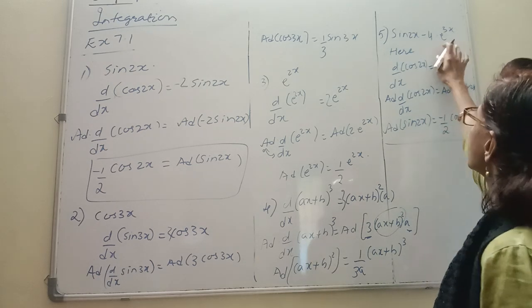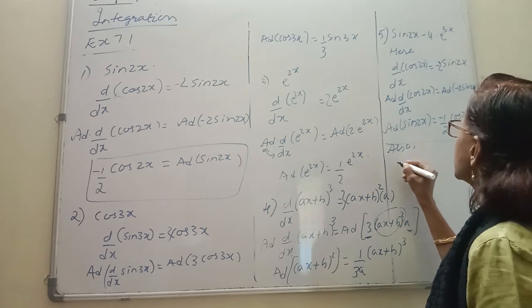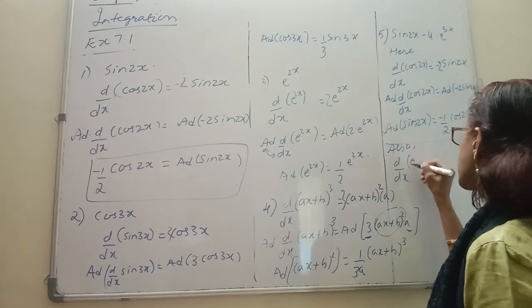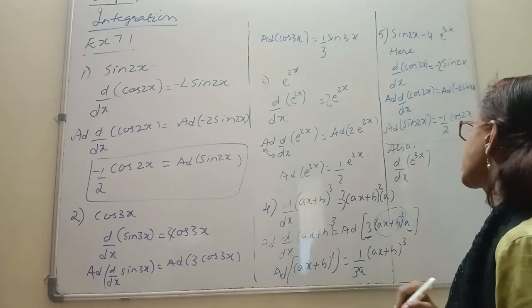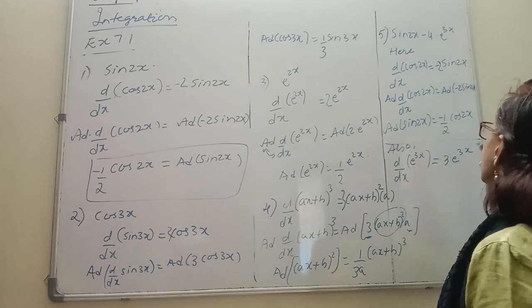That's one part. Now look at the other part. If you are looking at the derivative of e raised to 3x, then e raised to 3x has the derivative 3 e raised to 3x.